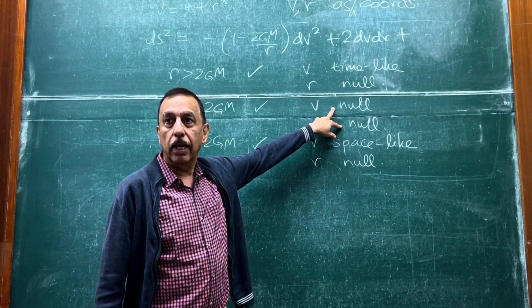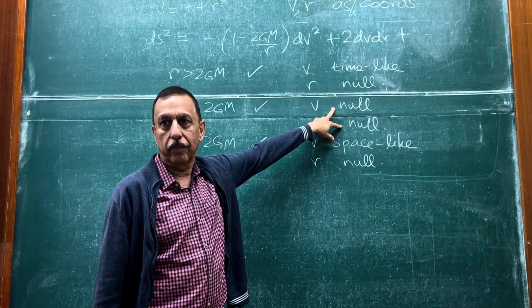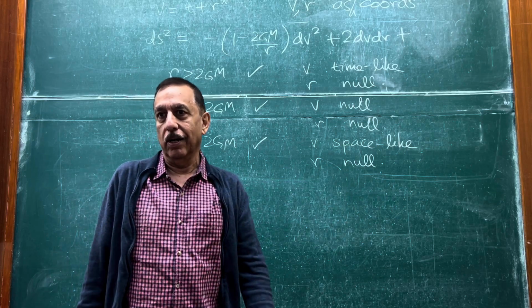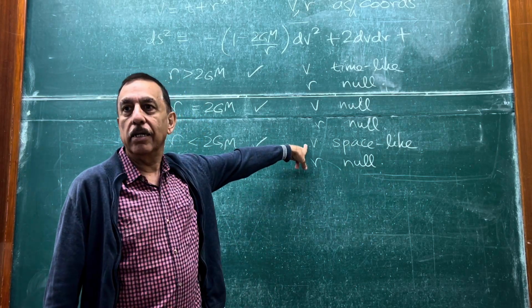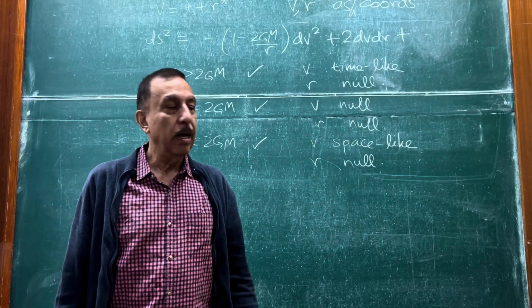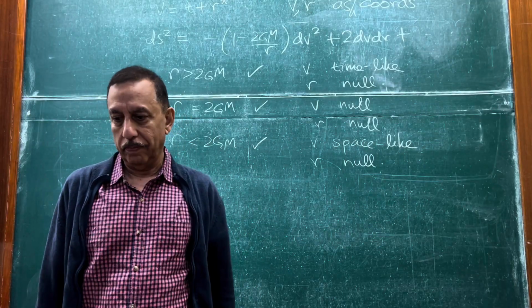If both are null and linearly independent, again the signature is minus 1, 1. And if one is space-like and one is null, again the signature is minus 1, 1. But v is no longer a time, v is a spatial direction. r is always null, and some combination of v and r will be time-like.